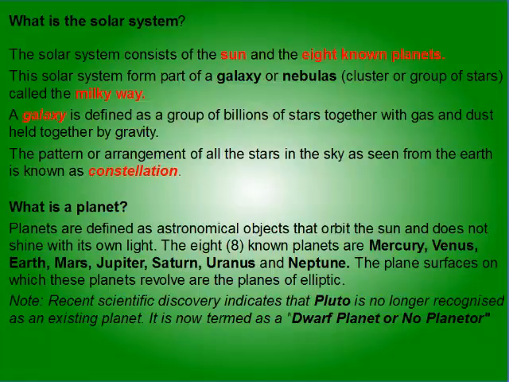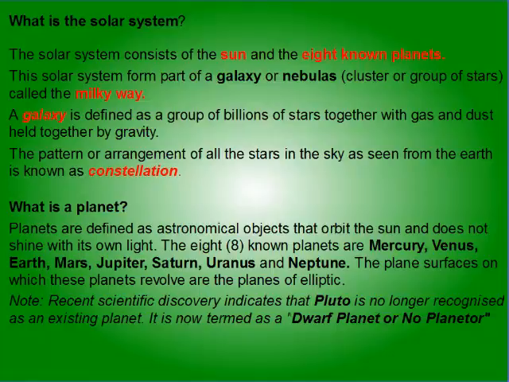We should note, however, that recent scientific discovery indicates that Pluto is no longer recognized as a planet, and the reason is that Pluto is too small to be called a planet. Secondly, a planet must always orbit around the star and not be the star itself.